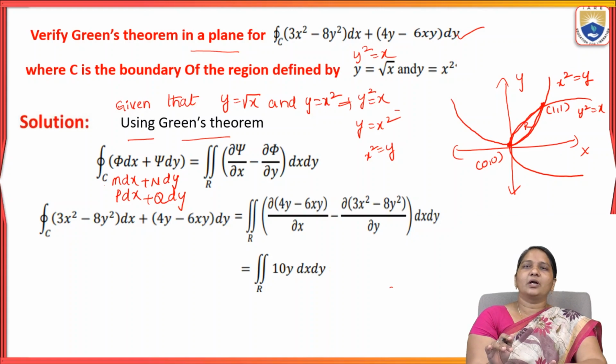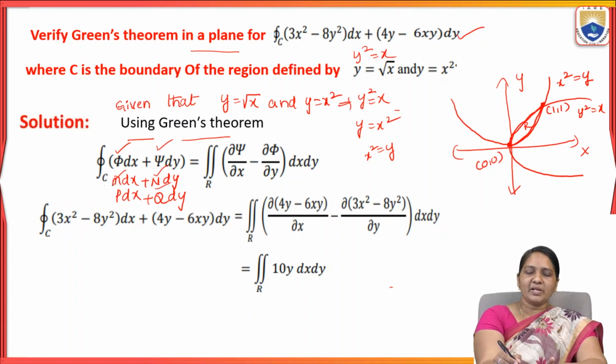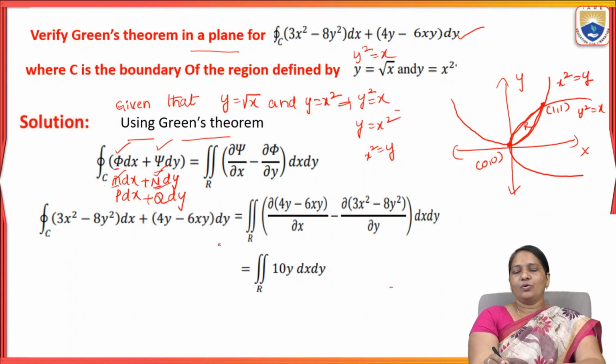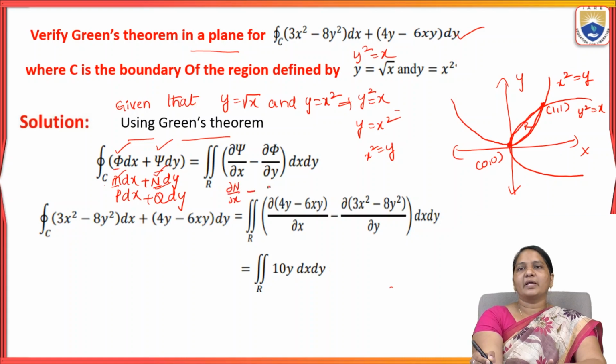Sometimes you may get confused about these notations. If they give phi and psi, or M and N, or capital P and capital Q, there is no difference, all are the same. You have to remember that in place of M you have phi, in place of N you have psi. So according to that, it equals the double integral of dou N by dou x minus dou M by dou y into dx dy.